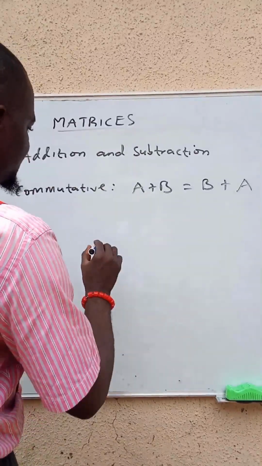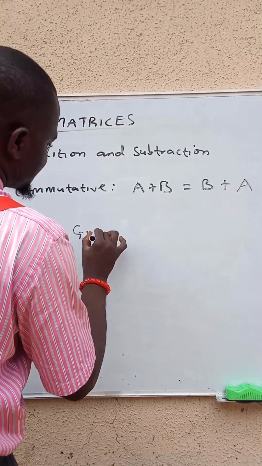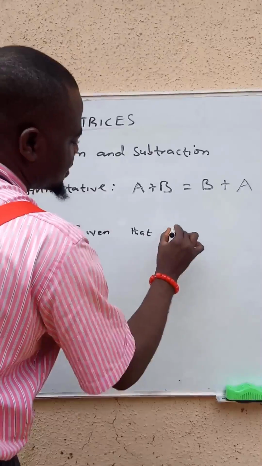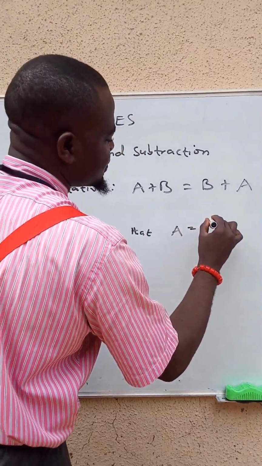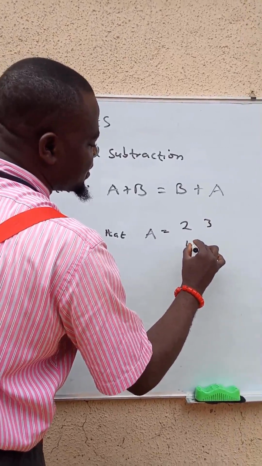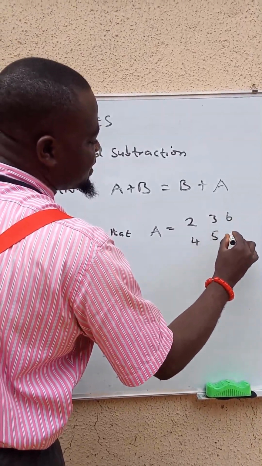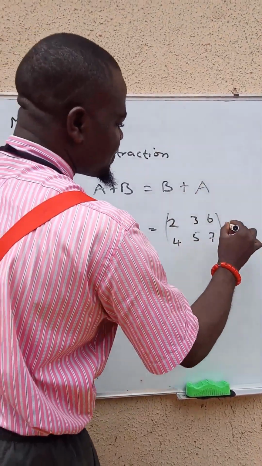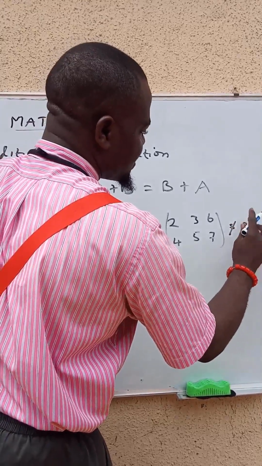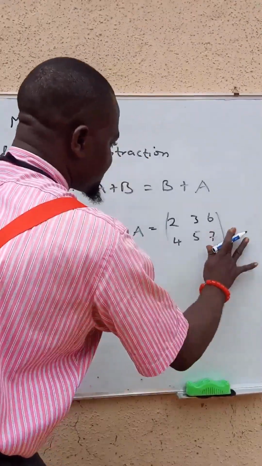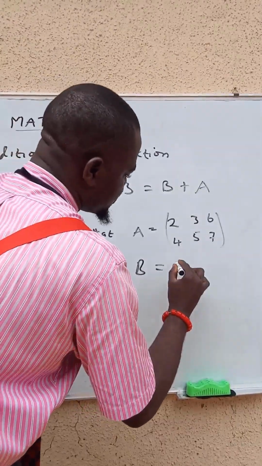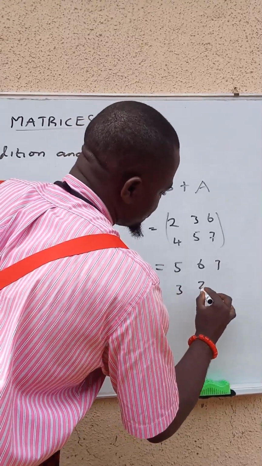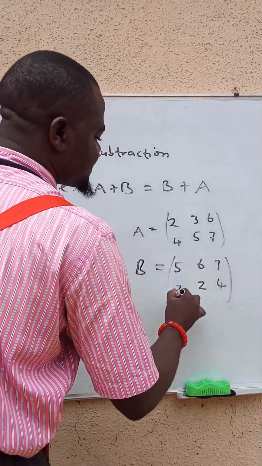Now, if you have it in that form, let's assume that given that A is equal to 2, 3, 4, 5, 6, 7, for example, as long as they have the same order. B is equal to 5, 6, 7, 3, 2, 4 in this form.